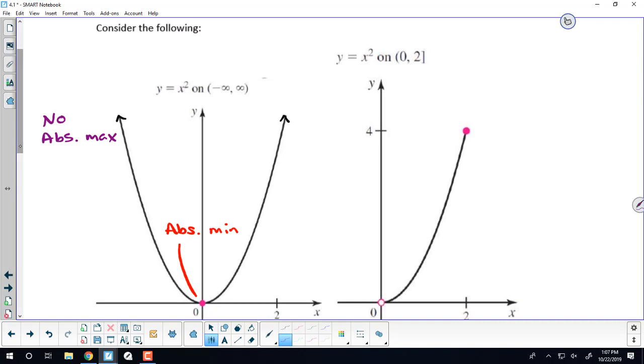But then we can refine that, maybe look at x squared on the interval from 0 to 2, including 2. We see here that there is an absolute maximum. But there is no absolute minimum here, because the function's not defined at 0.